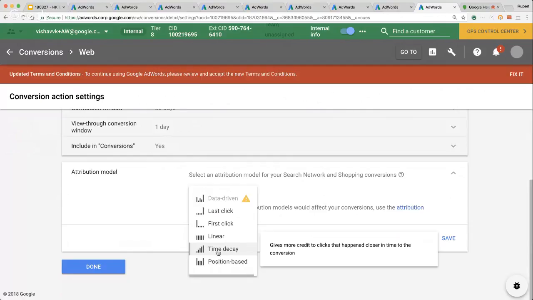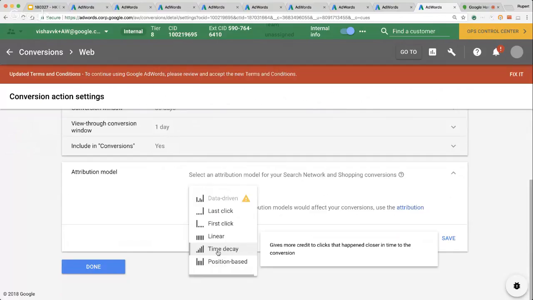But if you want to become eligible for the data-driven attribution model, another action you can consider taking is to get additional conversion tracking. This will help you quickly accumulate enough conversions. If you don't want to do that, then we recommend you use time decay, because this will help you prioritize the last click, but you are also able to give credit to other touch points.